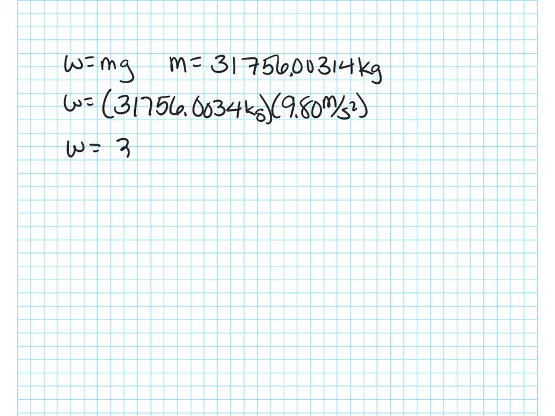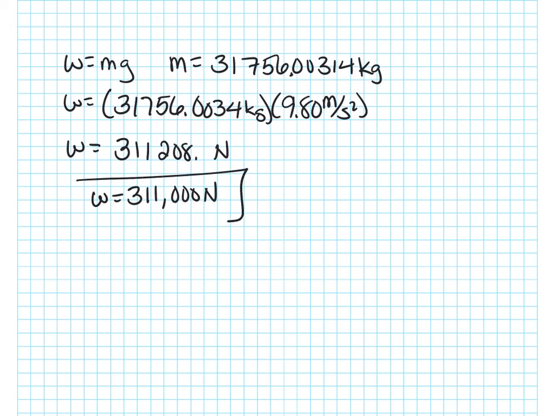And that gives me a weight of 311,208 point a bunch of decimals, which don't matter because I'm going to round this to 3 sig figs. So 311,000 newtons. And that's the weight.